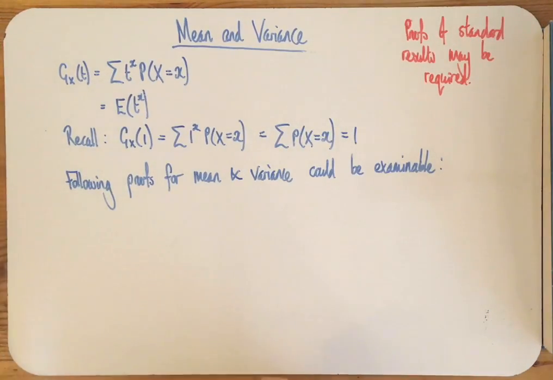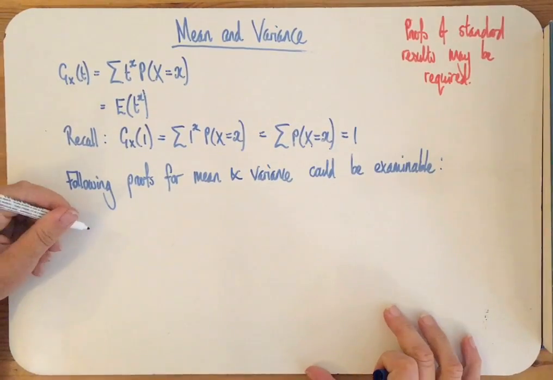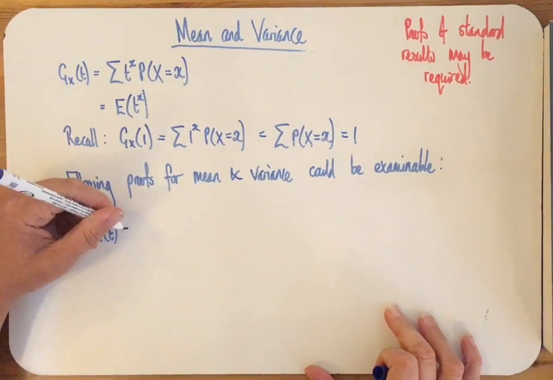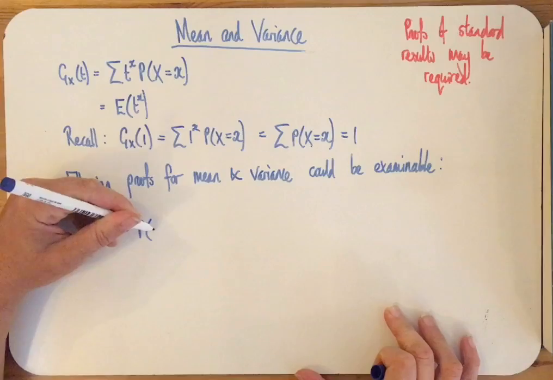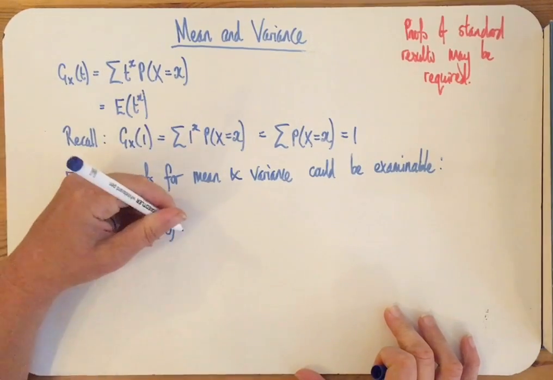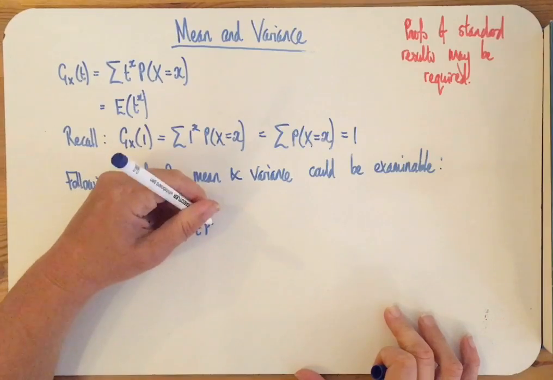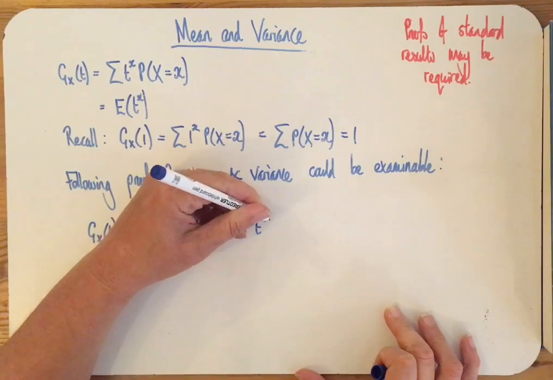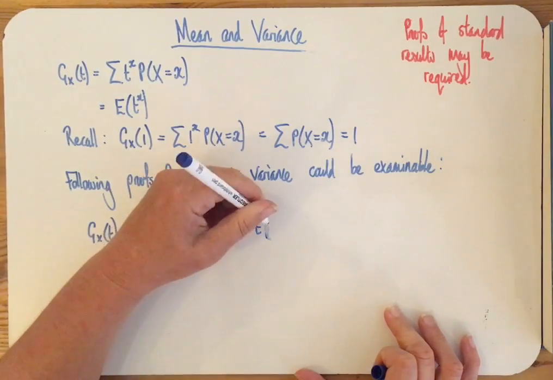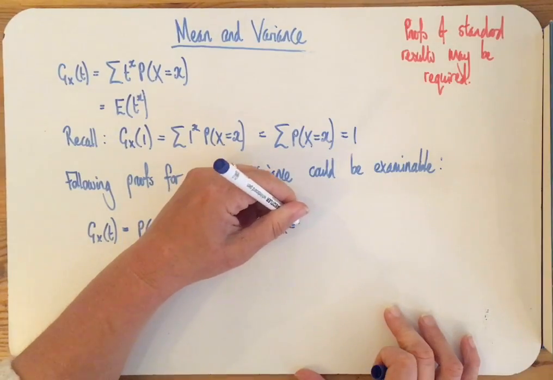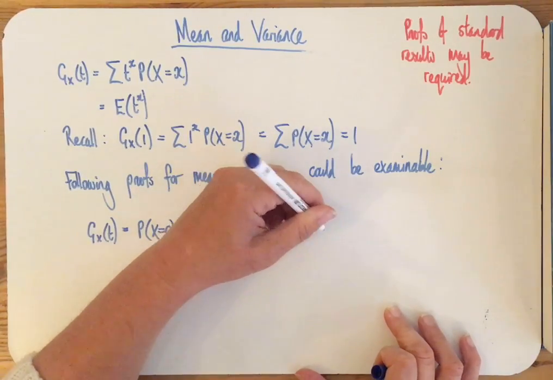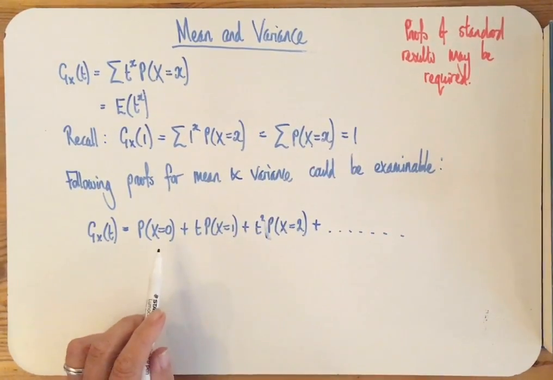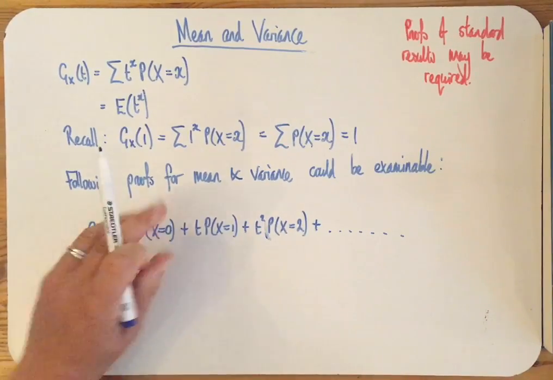So we know that G_X(t), the probability generating function for X, is the probability X equals 0, plus t lots of the probability X equals 1, plus t squared times the probability X equals 2, plus etc. I know not all distributions start at 0, but some of these probabilities could equal 0.